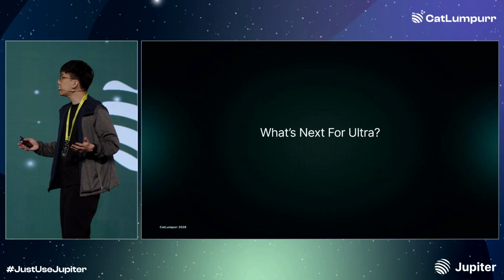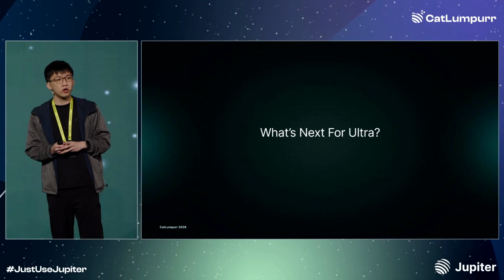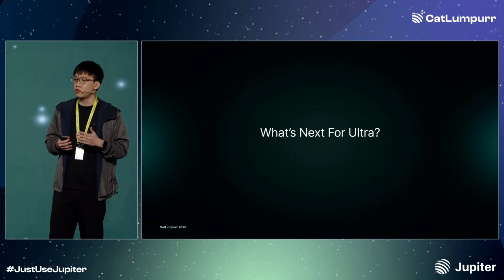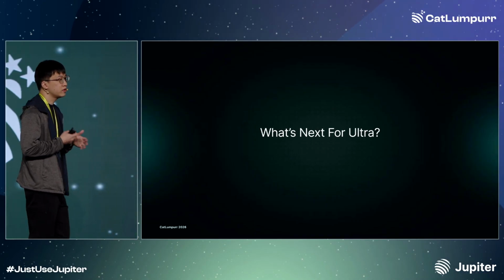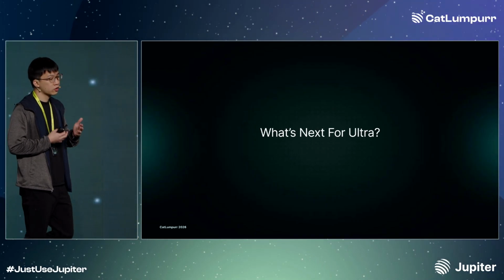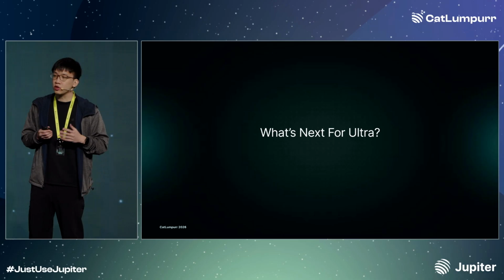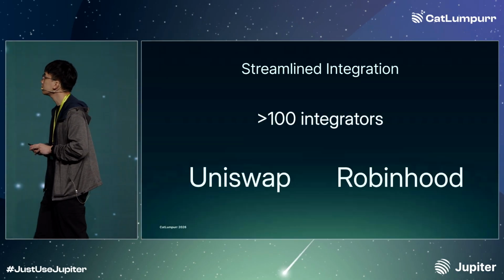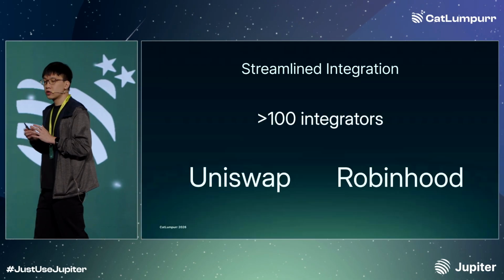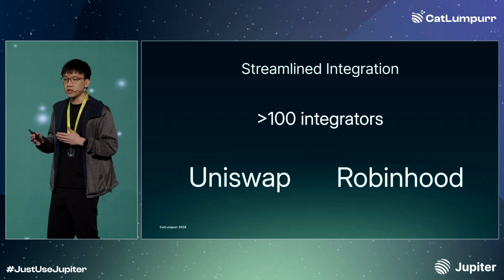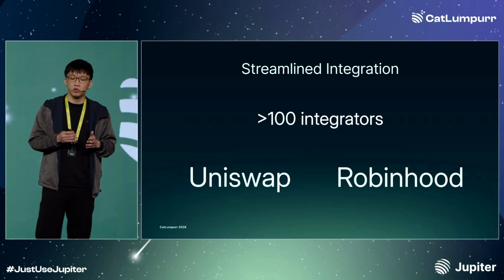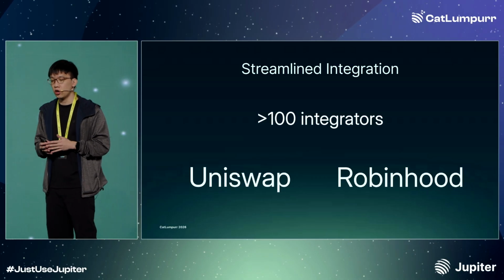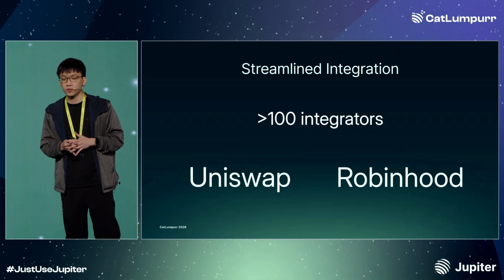So, what's next? Well, on top of what I previously mentioned, like improving success rate, making swaps even faster, making gasless even more seamless, these are things that we are constantly working on. We also have a new goal. And the goal is to make Ultra so easy to integrate that any developer or even AI agents will be able to build Solana applications on top of Ultra effortlessly.